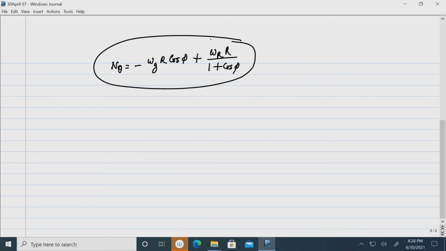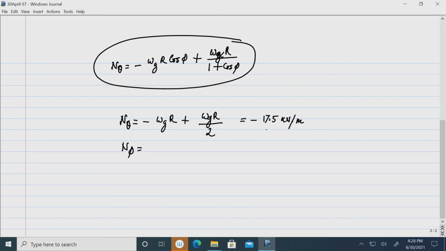Now, it is to be noted that n theta decreases with phi. So, maximum value of n theta is obtained when phi is 0. If I put phi is 0, we get minus W g r by 2. So, the maximum value of n theta is minus 17.5 kilonewton per meter.